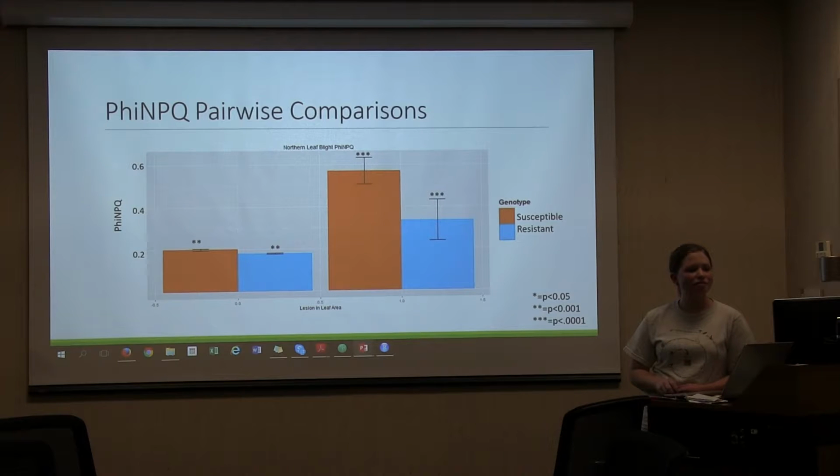So how much error do you think is associated with the fact that you're only measuring a small spot? Because can you see the lesion before you can't see it? No, and if I could see the lesion, then there was a parameter for visual lesion. Do you know if the infection would have a heterogeneous effect on the photosynthesis? Like you're only going to get high NPQ in the areas where you have an infection?